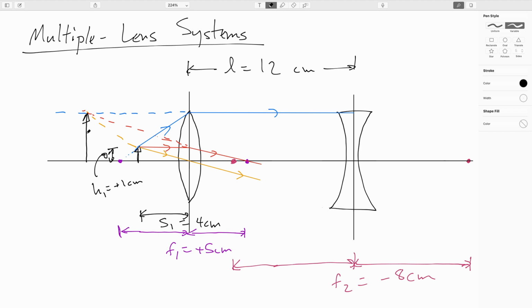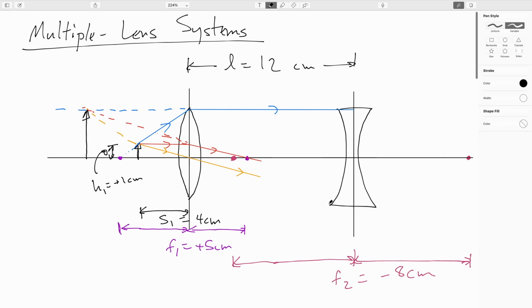Now when we draw the ray diagram using this as the object for this lens, we will be completely ignoring this lens. We'll just be drawing our lines right through it, because we are really following the journey of these lines here. So we have already taken this lens into account.